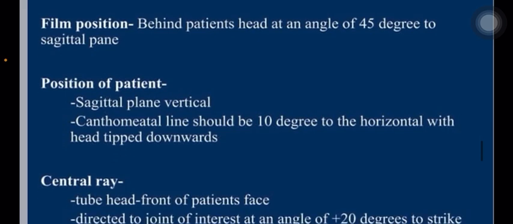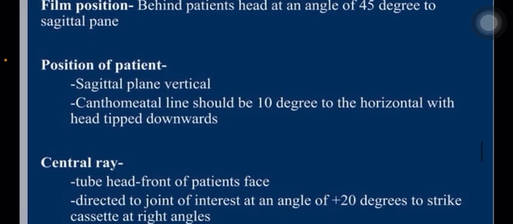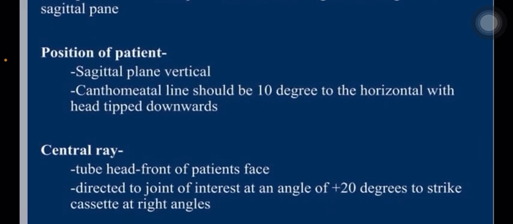Film position is behind the patient's head at an angle of 45 degrees to the sagittal plane. For the patient position, the sagittal plane is vertical and the canthomeatal line should be plus 10 degrees to the horizontal with the head tipped downwards.